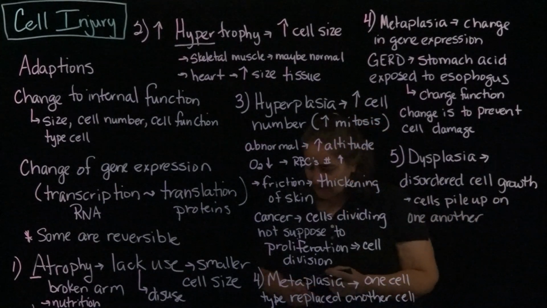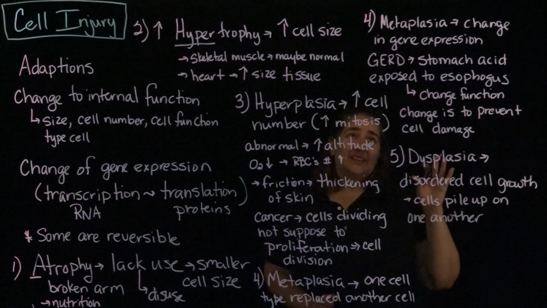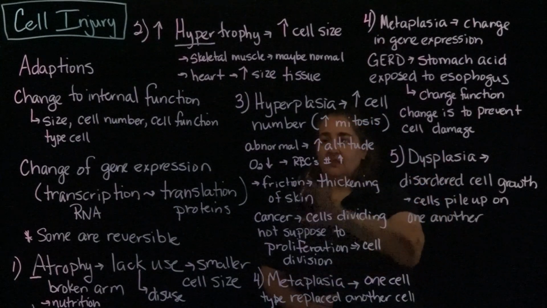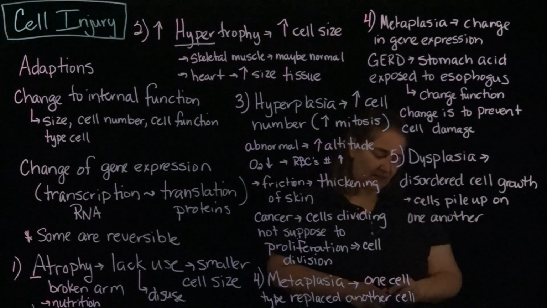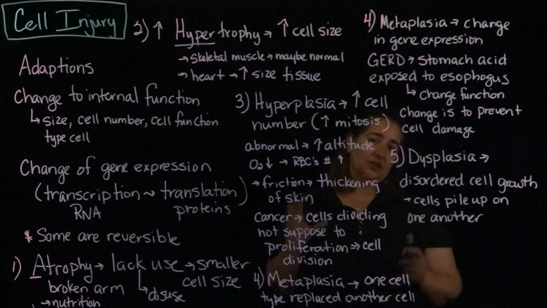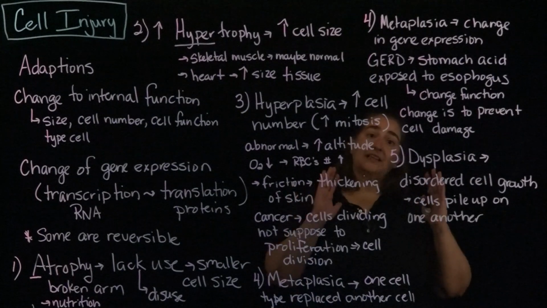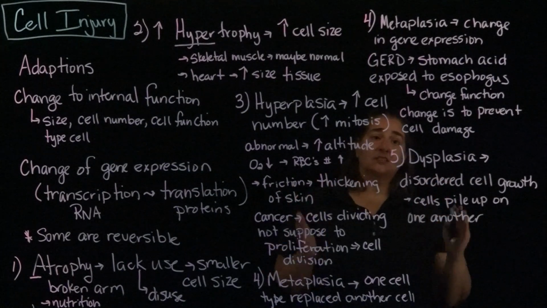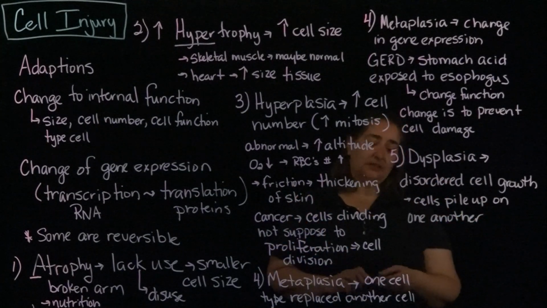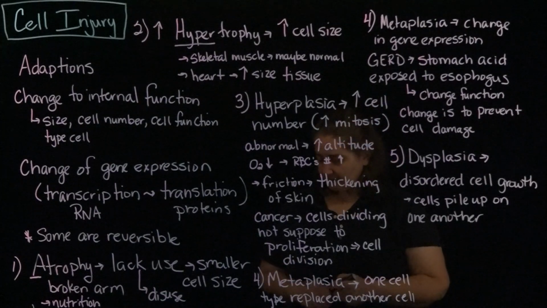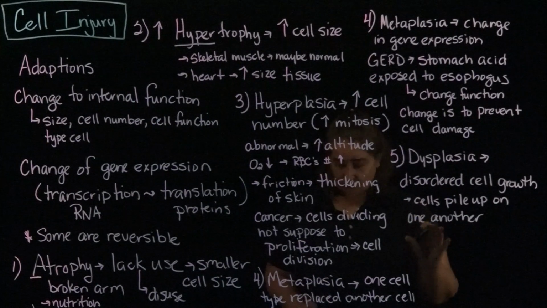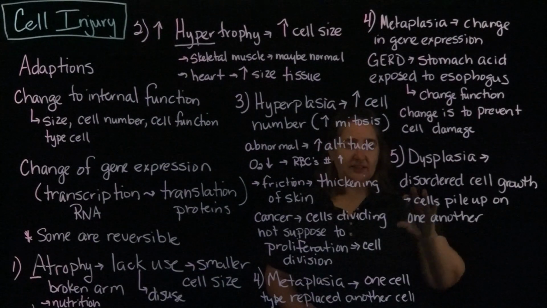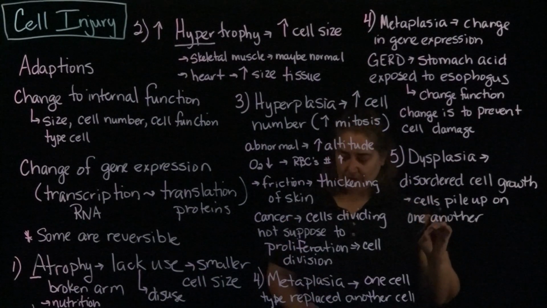The key with these, hyperplasia, metaplasia, dysplasia, aren't yet malignant, so they aren't yet cancer. They're kind of like the first set of changes leading to cancer, all right? But essentially what you've got with dysplasia, you get cells that are disordered as far as their growth.